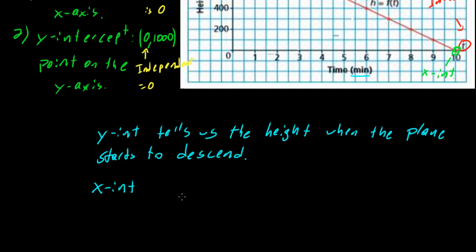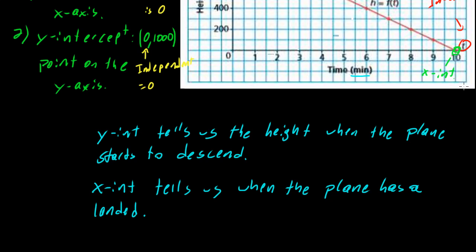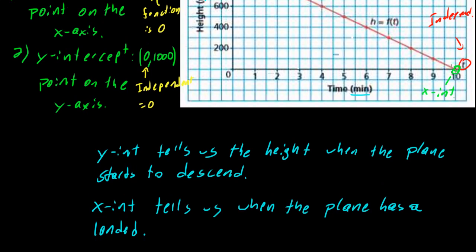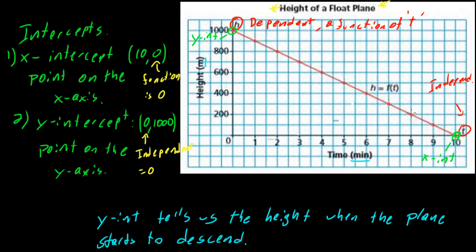The x-intercept tells us when the plane has a height of 0. You could say that this is when it has landed. And this, again, is at 10 minutes, so it takes the plane 10 minutes to do that. If we were to find the rate of change of the descent, all we would need to do is take 2 coordinates and find the rate of change between them. But what's really cool about using our x and y intercepts is that we could use them to find that instead.